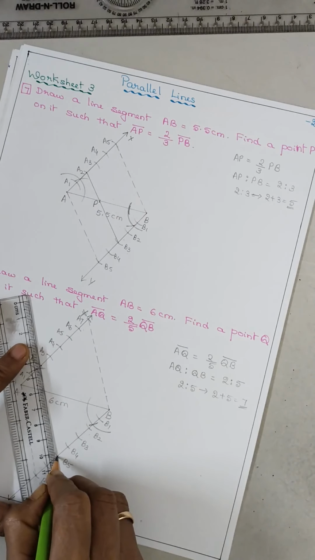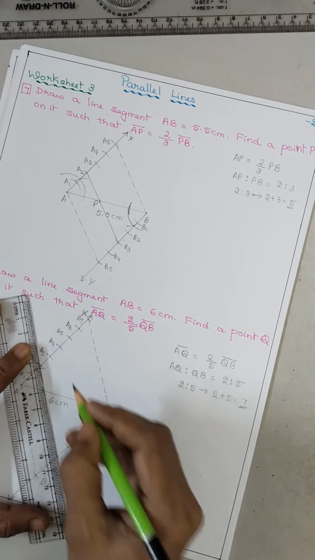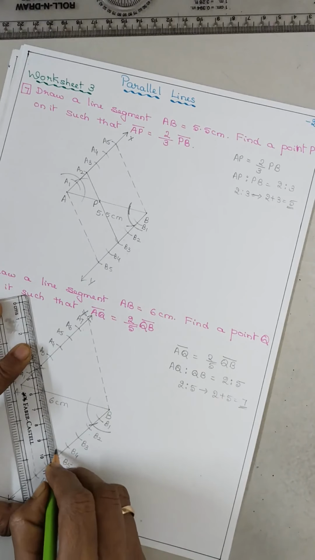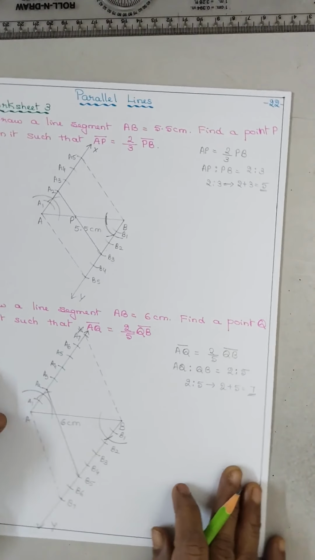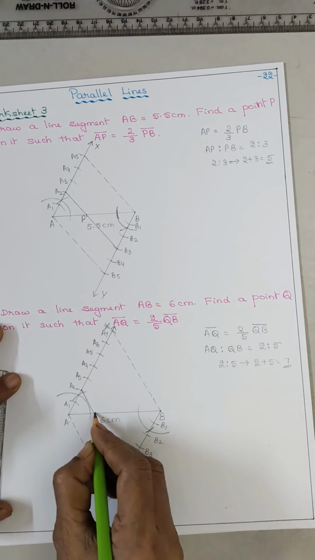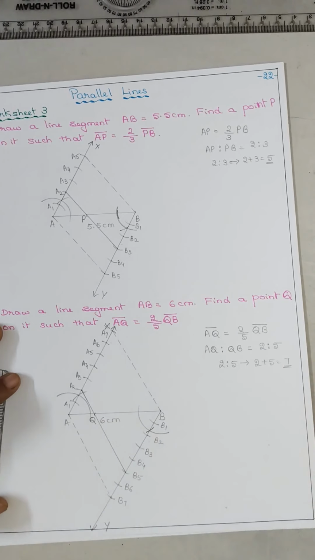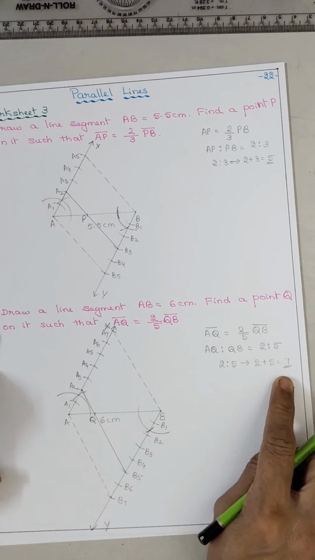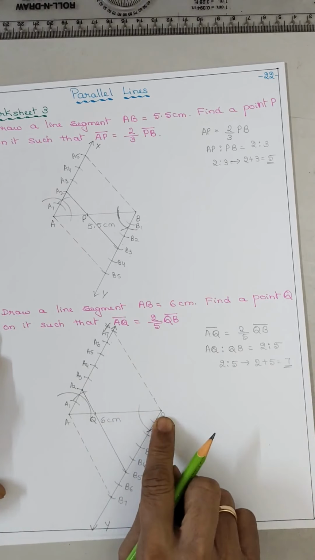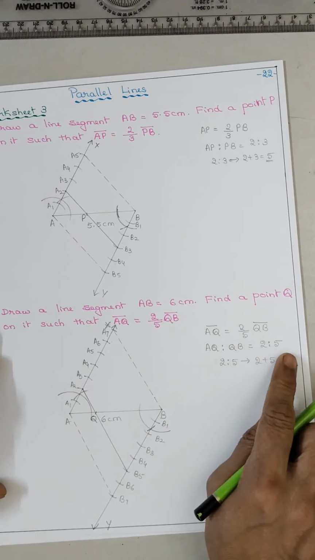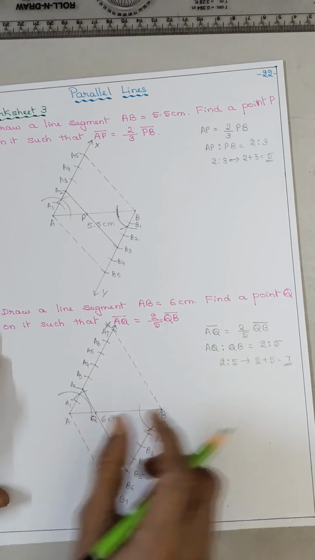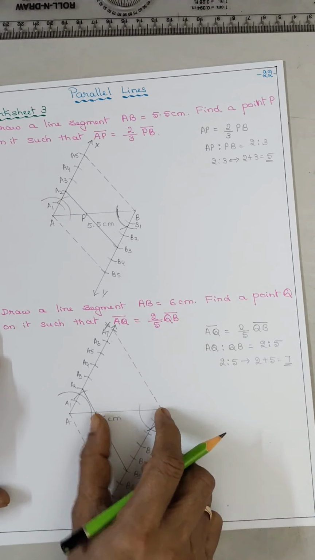A2 with the B5. The point is Q. AQ is to QB is equal to 2:5. AQ is 2/5 of QB.